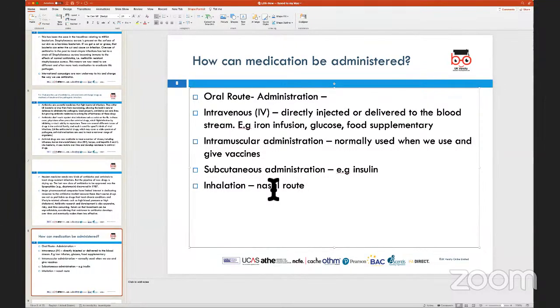So when we look at inhalation, sometimes we look at people who suffer with asthma and are having inhalers, or people who sometimes need immediate medication that will be taken through the nasal route.